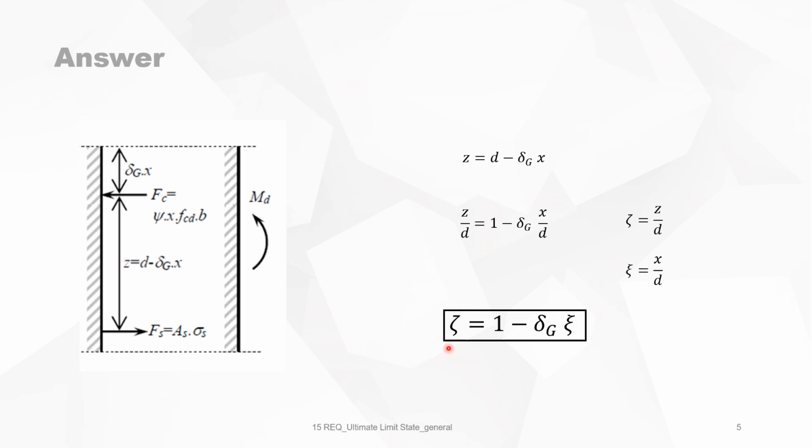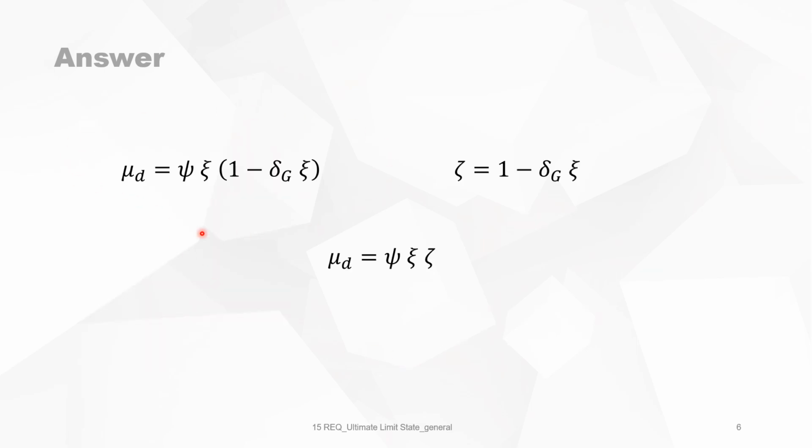So we see that zeta, the lever arm, is equal to 1 minus delta G times c. We have now the two equations, this general equation plus this equation, and it gives you the formula, because you substitute this and that, which we needed to prove.